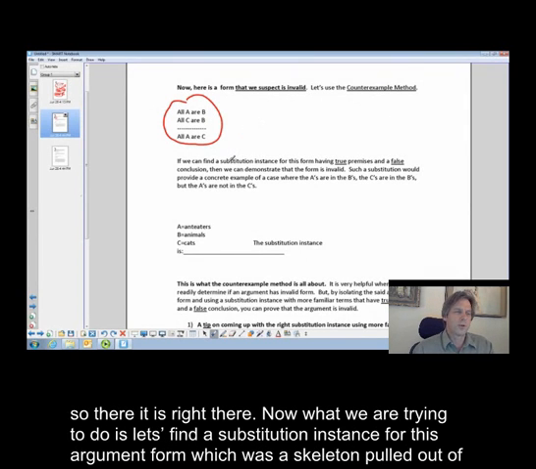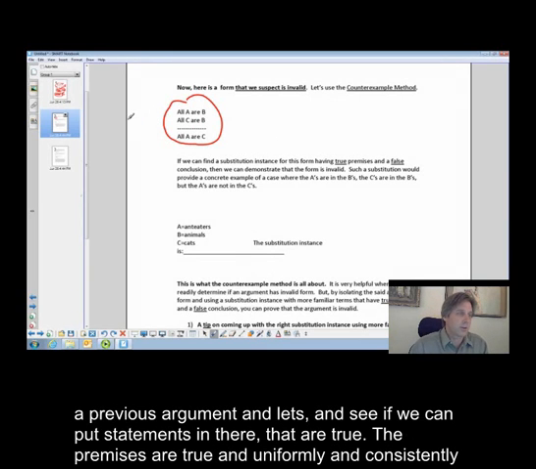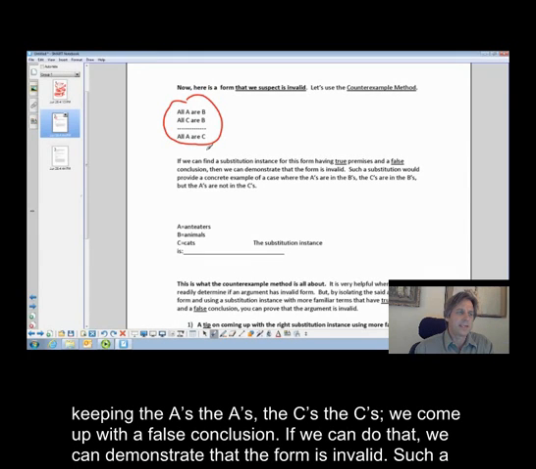Now what we're trying to do is find a substitution instance for this argument form, which was a skeleton pulled out of a previous argument, okay? And see if we can put statements in there where the premises are true, and uniformly and consistently keeping the A's and the C's, we come up with a false conclusion.